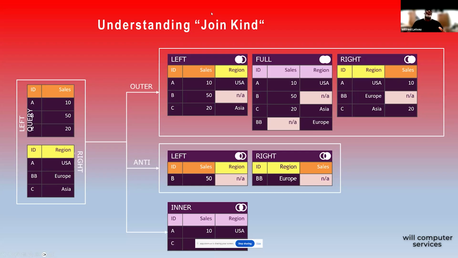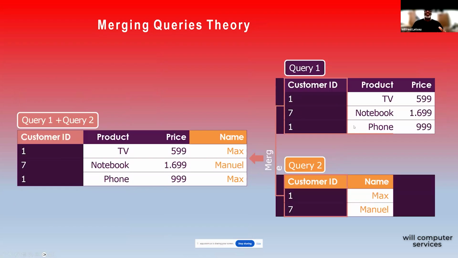What we're trying to do with the join is to join the two tables and get all the information, just like what we did here. We're trying to add these two tables. All we needed to do here is add this column to this table to make it complete, because here and here are the same.